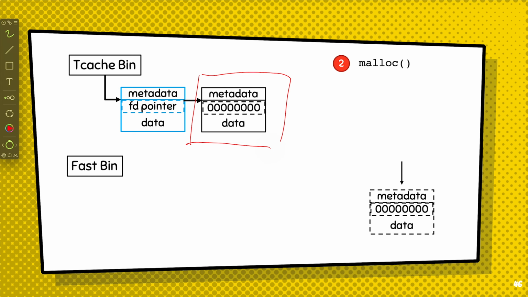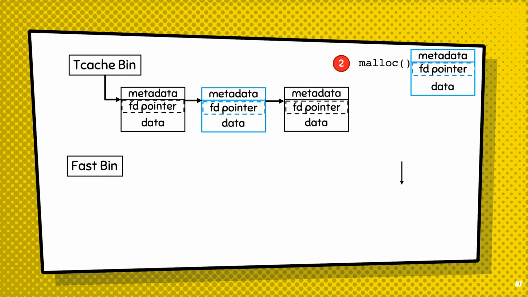This chunk will also be considered part of Fastbin, and it's going to move from Fastbin again to the T-cache bin. Very interestingly, if you finish the entire process of malloc, you will find that there is a repeated black chunk in the T-cache bin again, with the blue chunk in the middle. So in this way, we actually managed to free the black chunk twice.